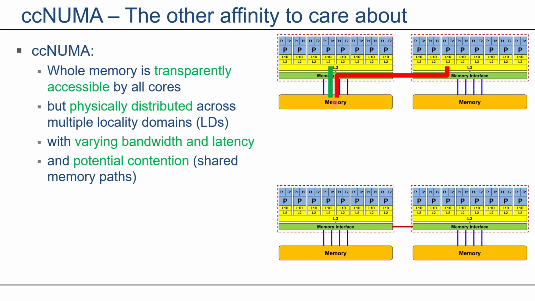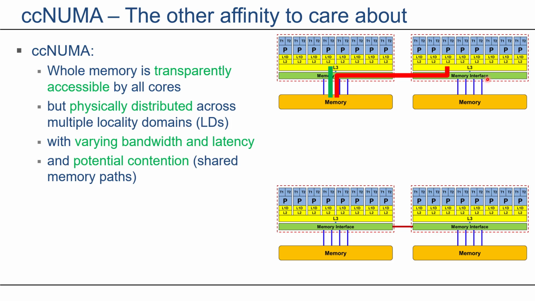The second problem is the contention problem, which is denoted here by the green and red line in the left memory. Contention means that multiple agents, multiple sources, want to access a local memory, and the local memory can't keep up with the demand. We know that in a typical modern multi-core system, memory is never fast enough to keep up with the demand of the cores for data.